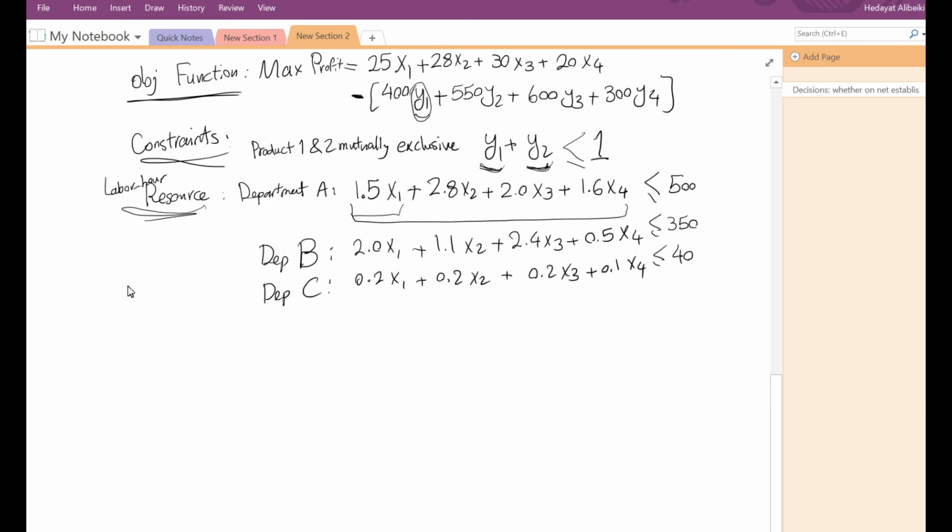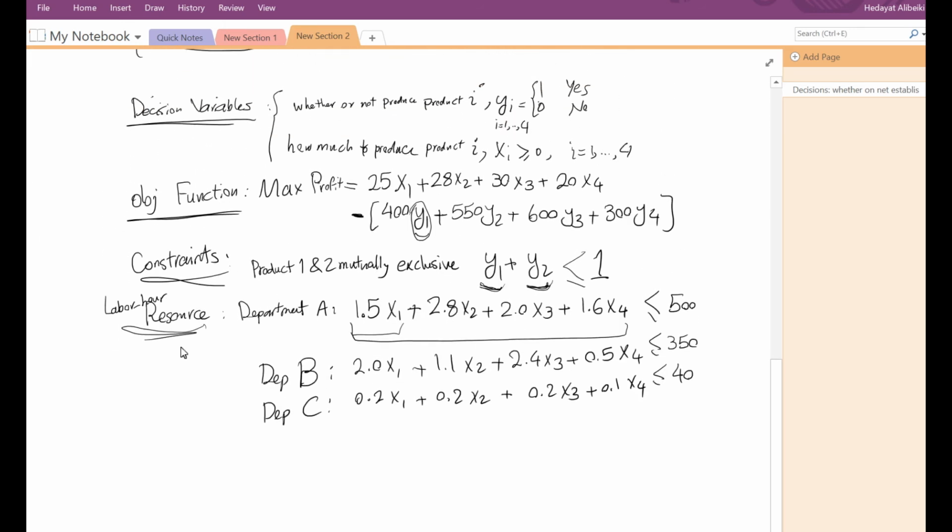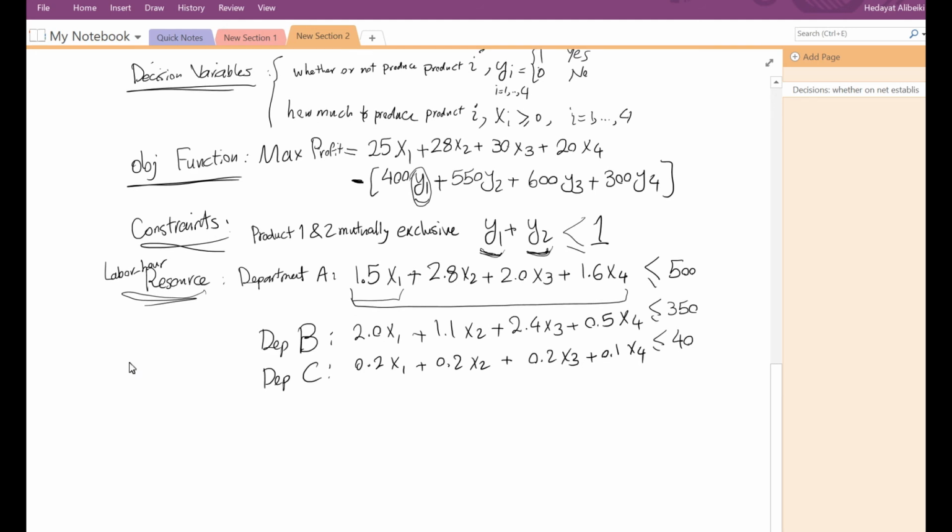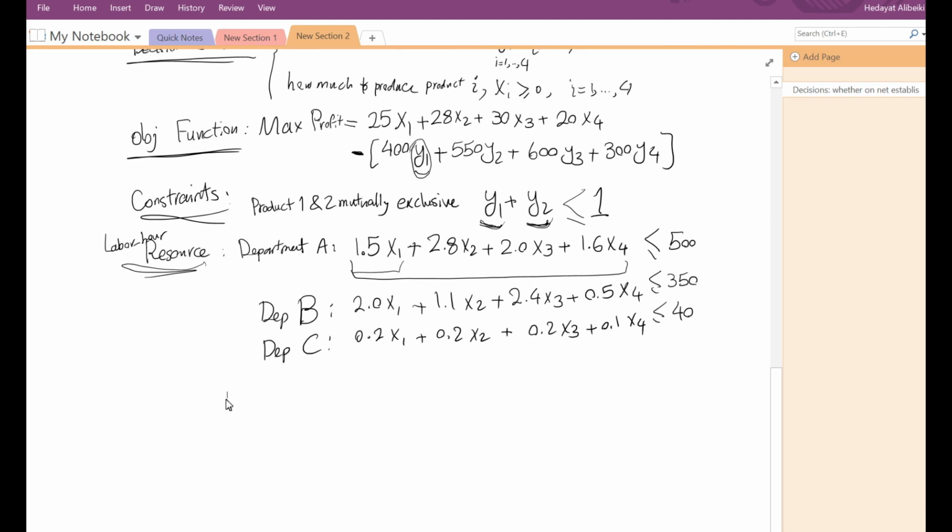And then the most important set of constraints is when we connect xi's with yi's. We haven't done that one yet. Like I said, continuous variable xi should be less than or equal to the maximum production capacity, or maximum demand, whichever we have available, which here is maximum demand.